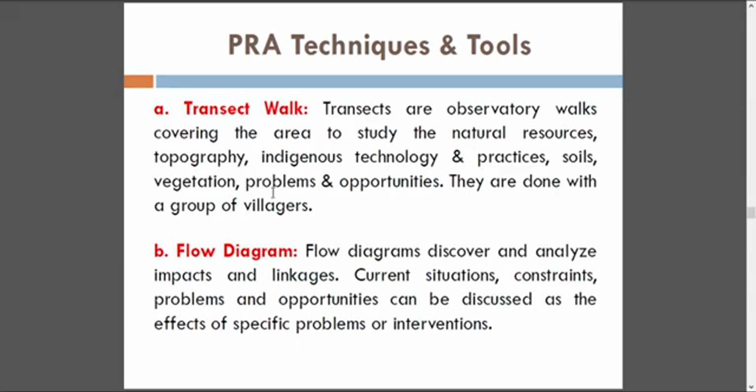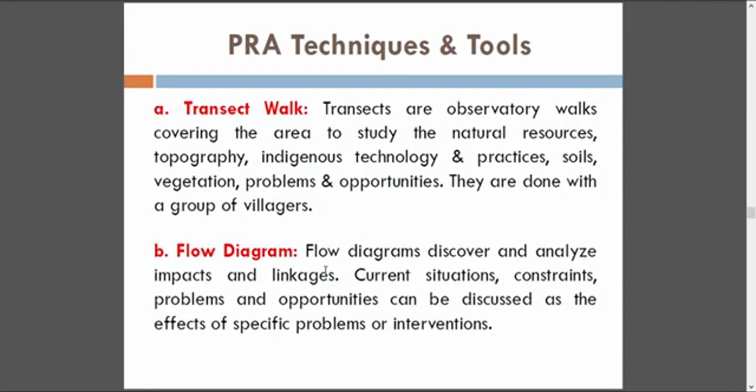You have a walk in the community and you're studying or you're looking at different things. So you note all these things down, and the villagers are able to now discuss and make decisions of what they want to do to solve a given situation.